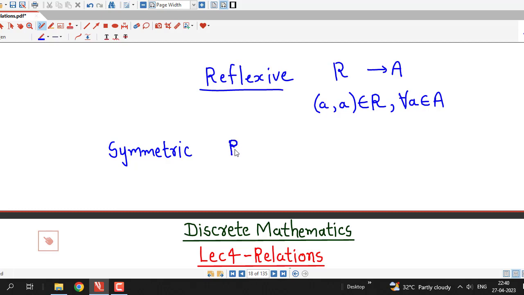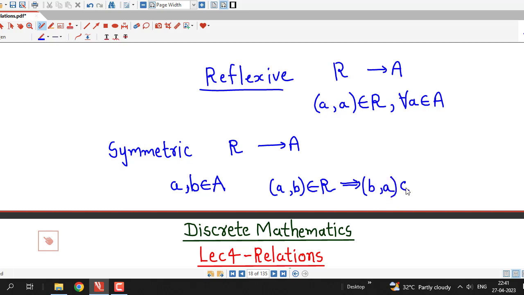A relation R on a set A is symmetric if for any two elements A, B in the given set A, if ordered pair AB is present in R, then ordered pair BA must be present in R. That is, AB belongs to R implies BA belongs to R, for A, B belongs to A.